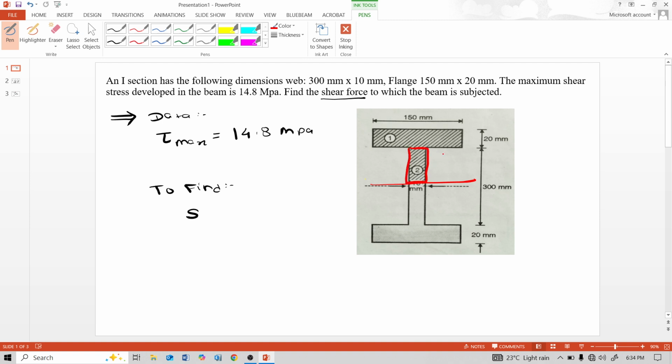The height of this rectangle is 150 mm and width is 10 mm. So area for that red rectangle is 150 multiplied by 10, and from the neutral axis, the centroidal distance is 150 divided by 2.